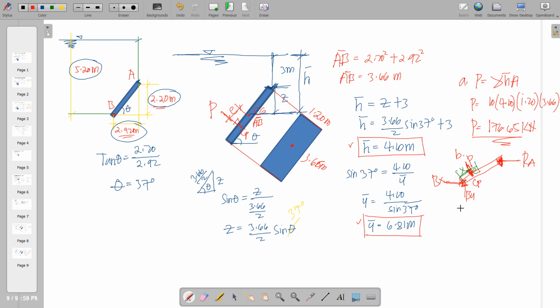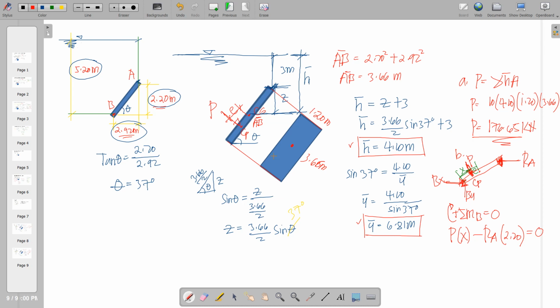Nevertheless, we just take moments at B and equate it to 0. So summation of moments at B, we have here P clockwise times x, and then counterclockwise minus reaction at A times the distance 2.2 meters, and that would be equal to 0.